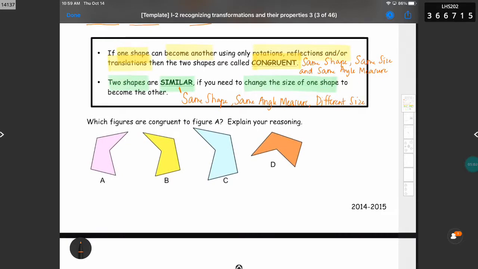So congruent: same shape, same size, same angle measure. Similar: same shape, same angle measure, different size. Different size means smaller or bigger. Bigger would be like a change, but that's a different shape.